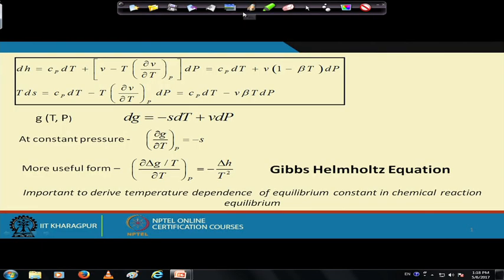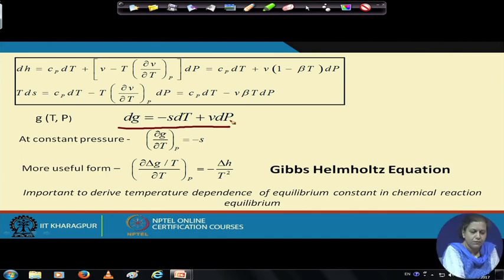Before we proceed, I would like to spend some more time to understand the variation of Gibbs free energy with temperature and pressure. If you look at this particular equation, the variation is quite straightforward, since Gibbs free energy is related to changes in temperature and pressure in a very straightforward manner.